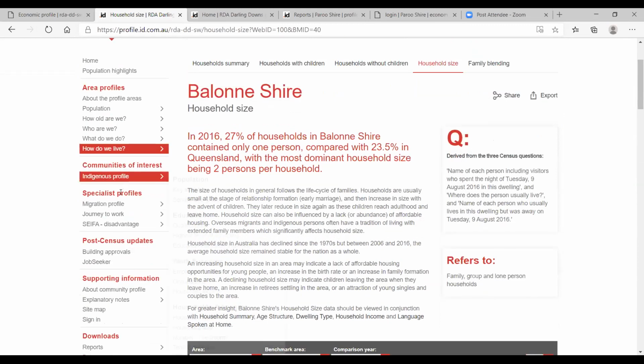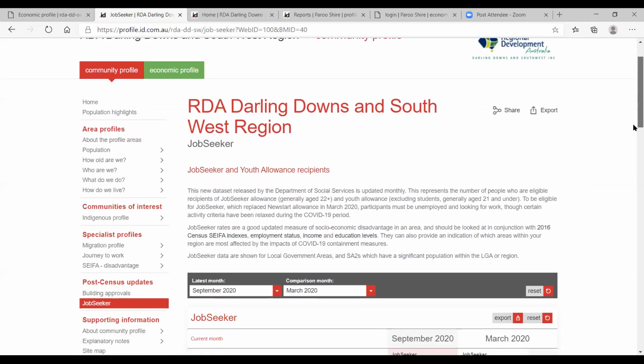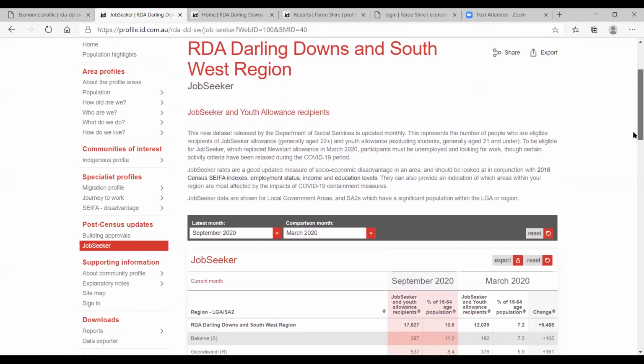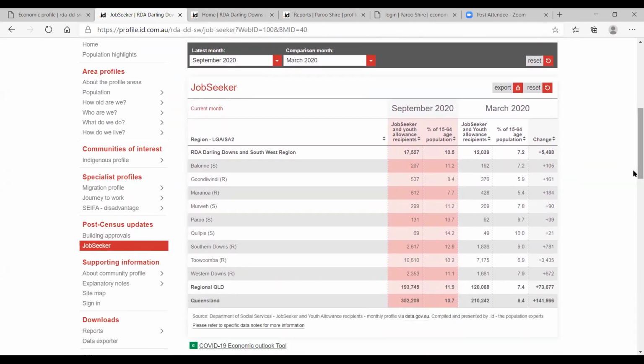The next place I'm going to take you is to our job seeker information, because this is updated monthly. Most of the information that you will find on the community profile is related to the census. And the census is really important for communities like Belong.